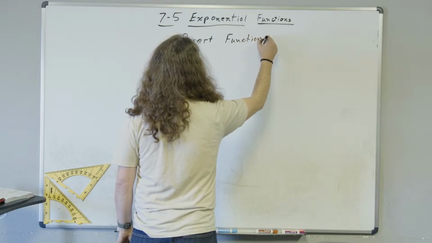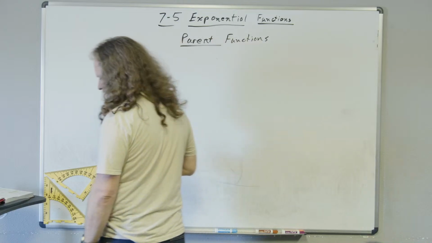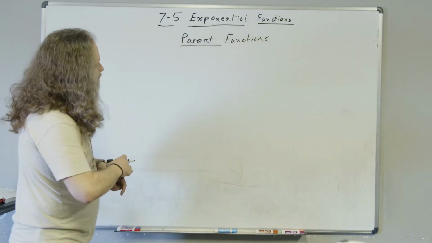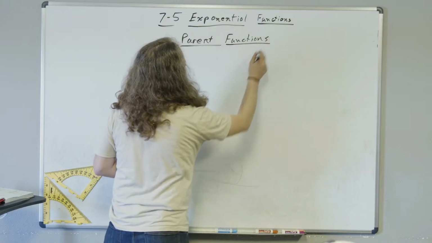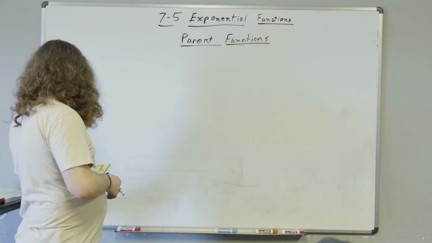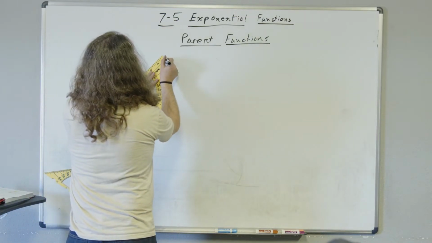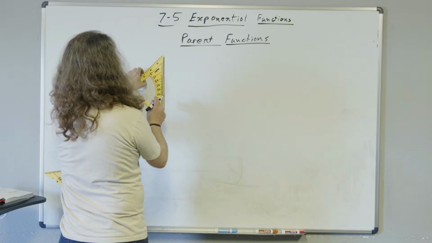Okay, there are 2 parent functions. Finally? What do you mean finally? It was like 2 minutes. Calm down. I just responded to it, yes. No, but I was running my mouth, so I just responded to it.